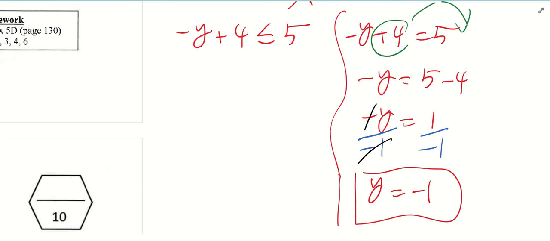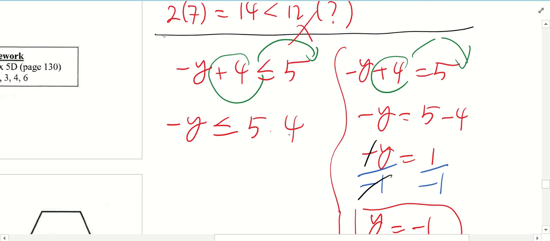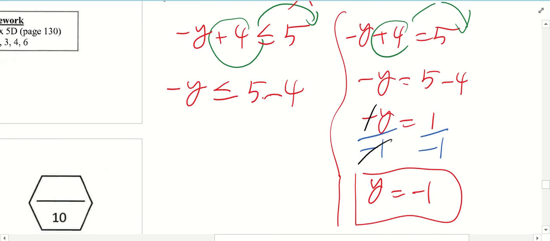Now, when we have inequalities, we deal with it in a similar way. I see that I have a plus 4 here. I shift it over and it becomes minus 4. So I have negative y smaller or equal to 5 minus 4. Now many of you will be tempted to write negative y smaller or equal to 5 minus 4 equals 1.